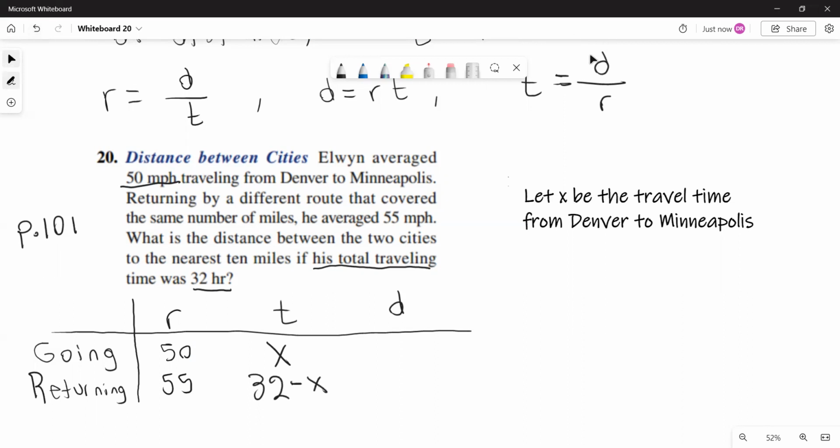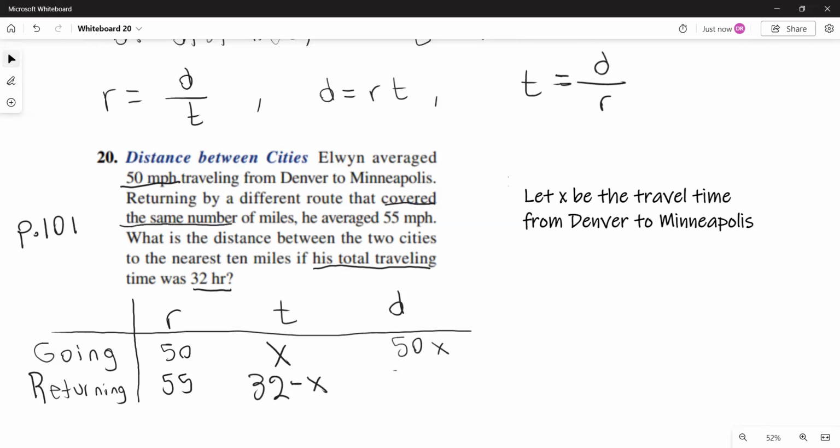And the distance, we can see above that the distance is velocity times time. So 50X is the distance on the going trip. It says that the route covered the same number of miles.